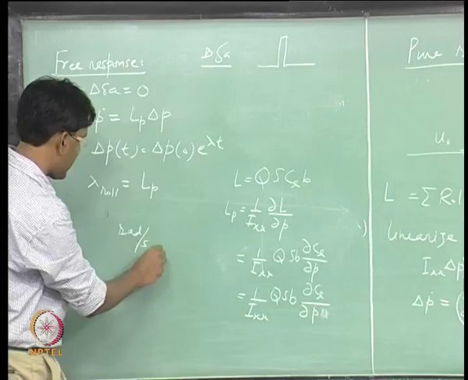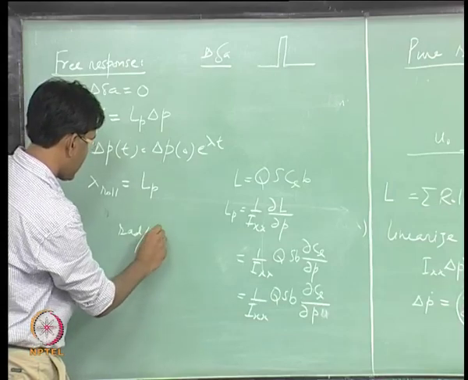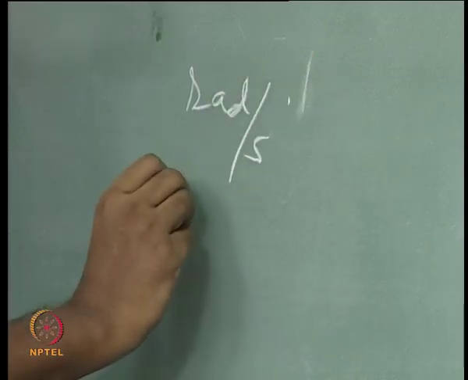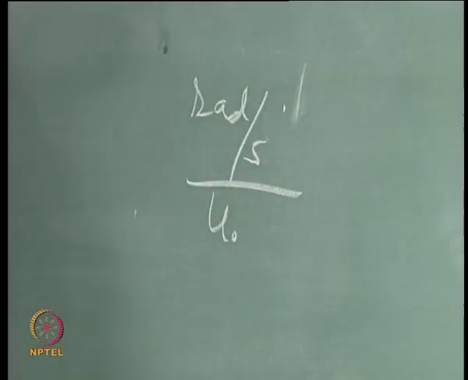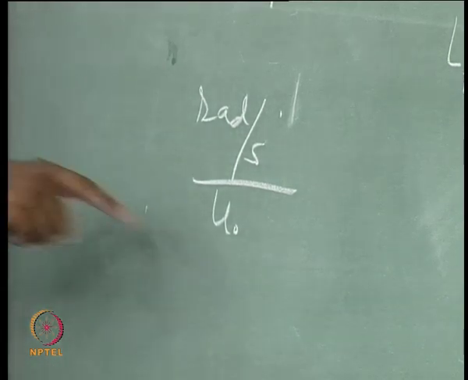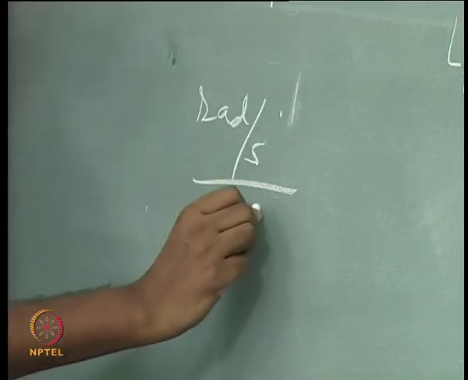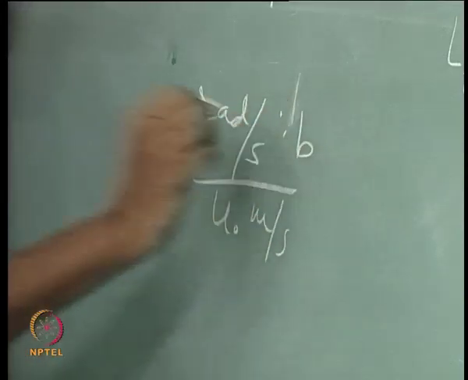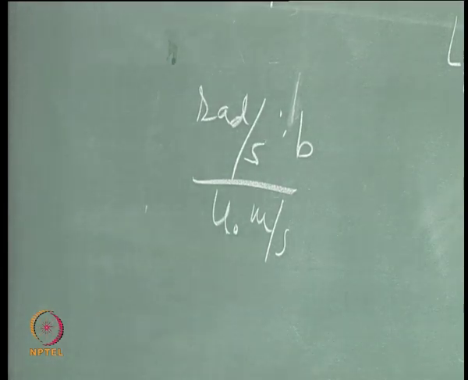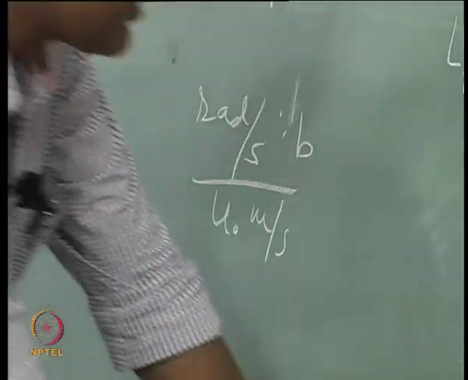So, I have to multiply this by or divide it by u naught, so that the second goes, and then you have a meter left. So, you can multiply this by the wing span, right. That is how you will get non-dimensional coefficients.